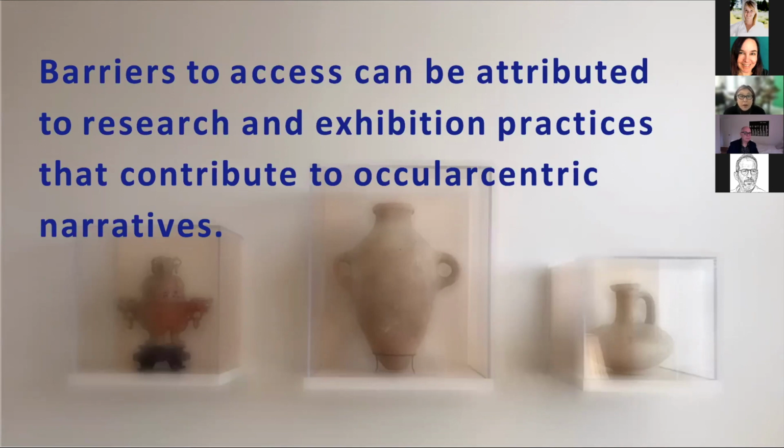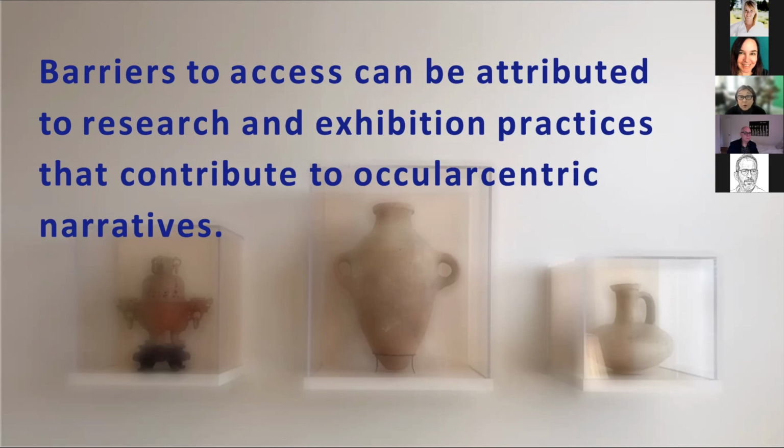Okay, so the next slide, please. Barriers to access for visitors with vision loss include sensory, experiential, and social barriers. These barriers could be attributed to research and exhibition practices that privilege vision.